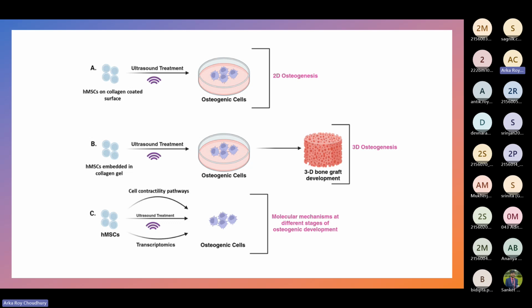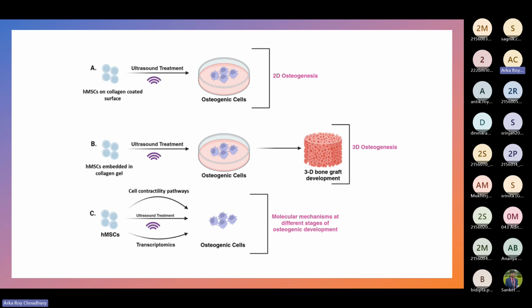So we make hydrogels of different stiffness, and then we culture cells on them and then treat them. Like this is not treating, and we induce them to mechanical forces to check the osteogenetic markers. And next, in the future of this project, we'll also try to make a 3D bone graft, culturing stem cells in 3D.